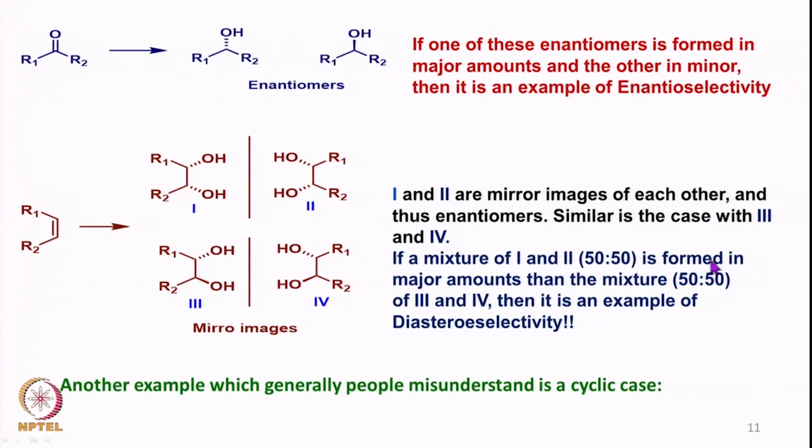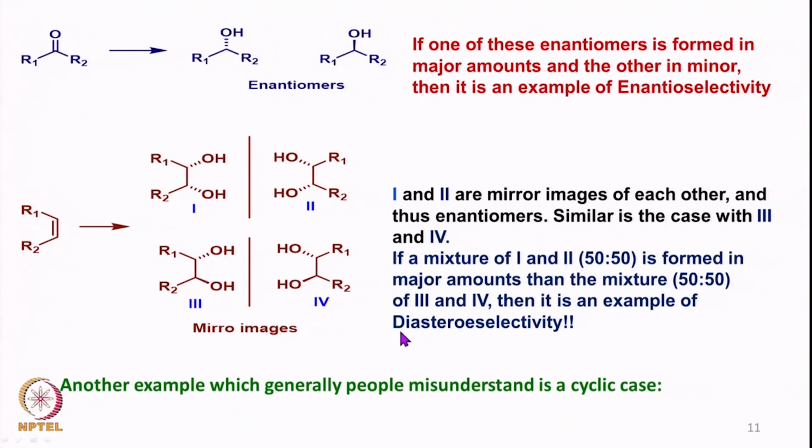If this mixture is formed in major amount compared to the other, that means dihydroxylation is specifically cis dihydroxylation, then we call this an example of diastereoselectivity. That means these are formed in major amount and this is formed in minor amount.